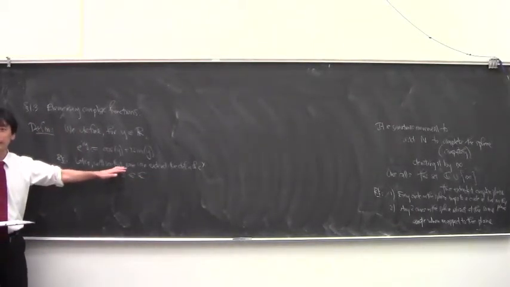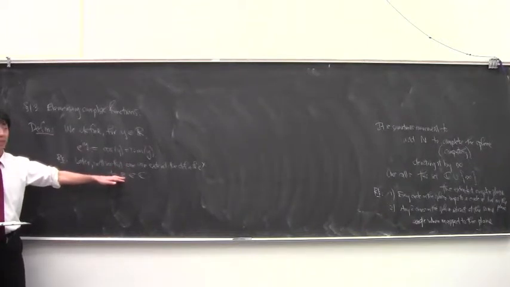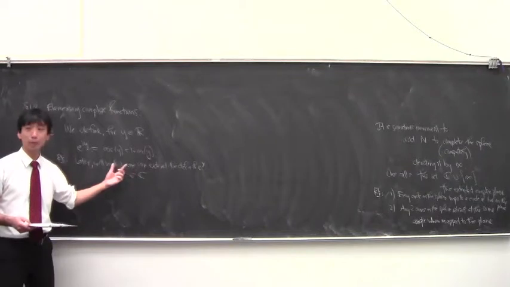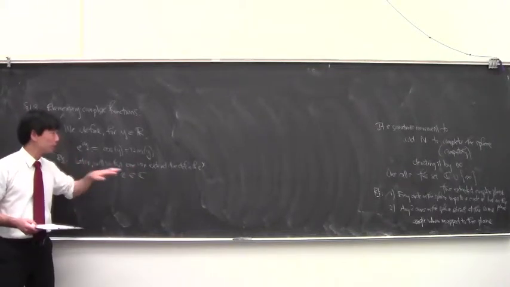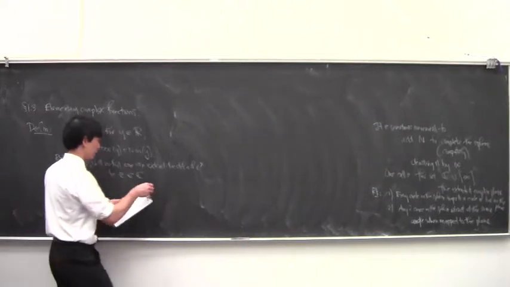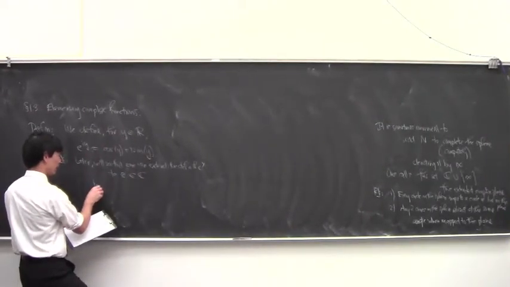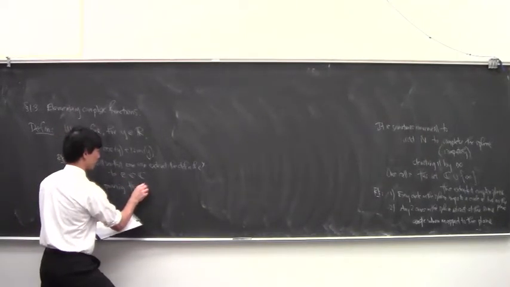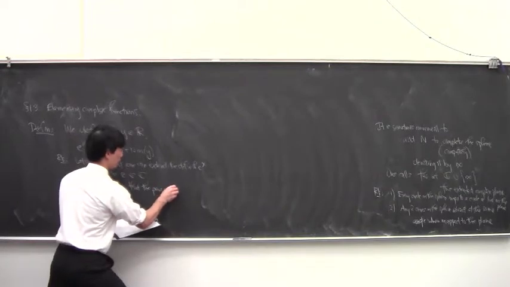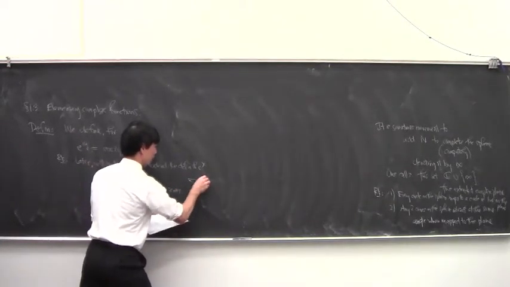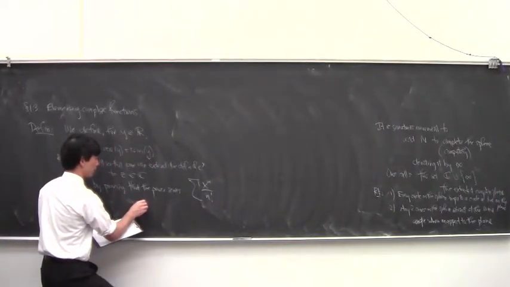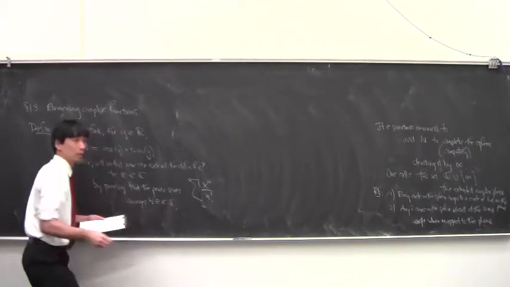You want to define e to the z for complex z, right? How are you going to do it? We did something very strange here. It's not satisfying. What we would like to do, what we will do later, is do it in the following way. We'll prove that the power series, the summation of z to the n over n factorial, converges for all z in C. Okay.